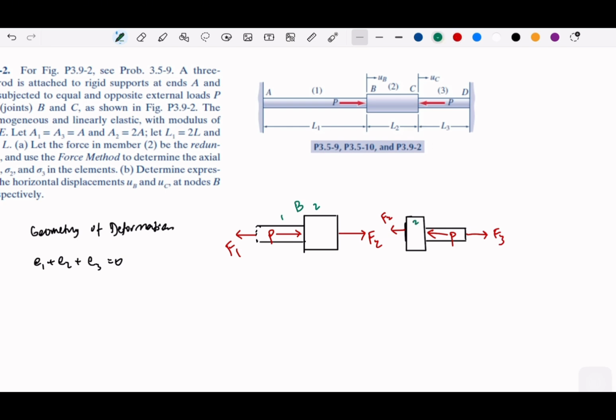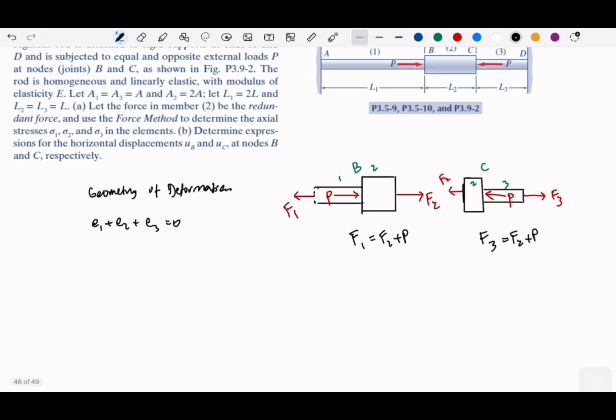This is 2, 3, C. Okay, I think equilibrium is okay. So F1 is equal to F2 plus P, and here F3 is equal to F2 plus P. So F2 plus P is equal to F1, and F2 plus P also equals F3. So F1 and F3 should be equal.